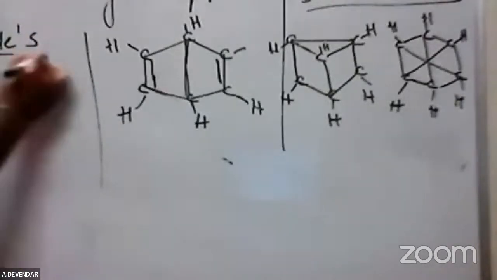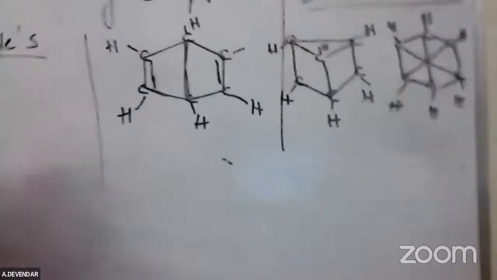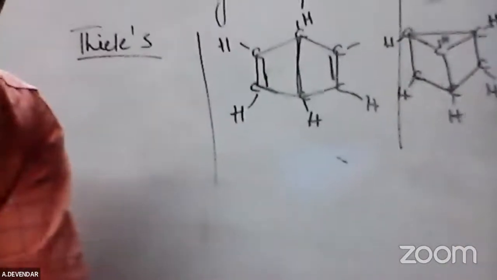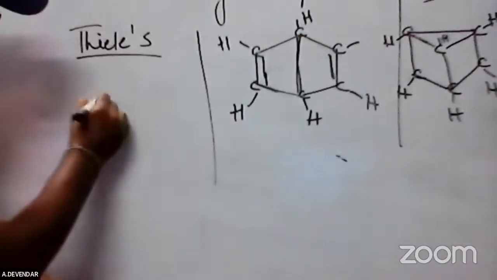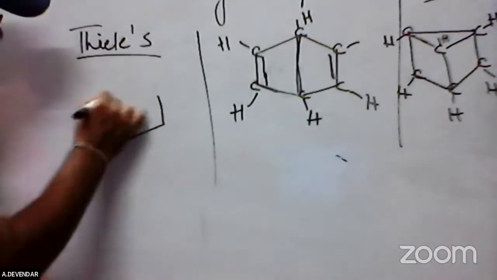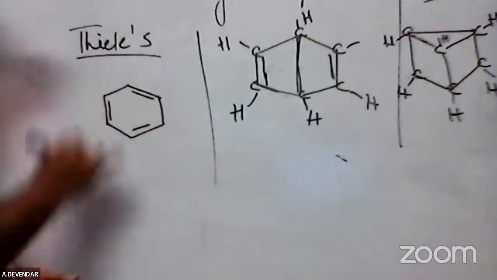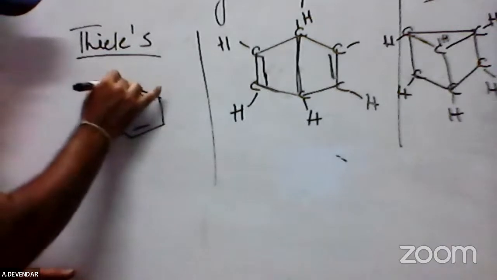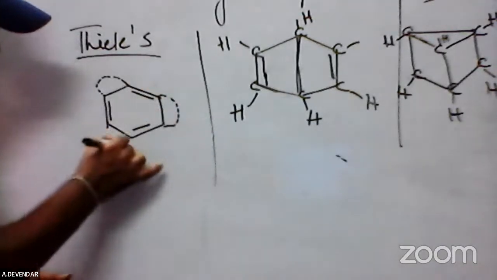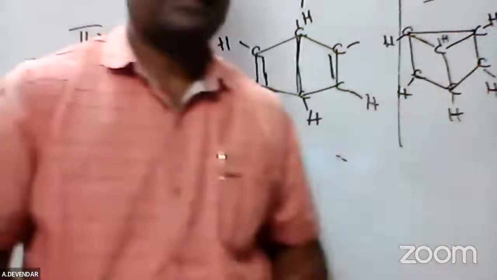It is a hexagonal ring structure having alternating single and double bonds. On the single bond, the pi electrons are delocalized. It is given by Thiele.